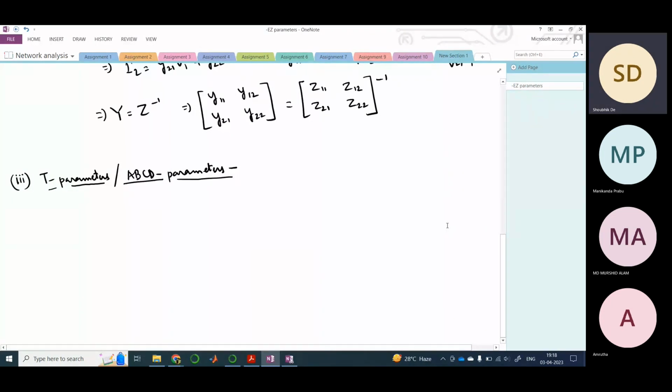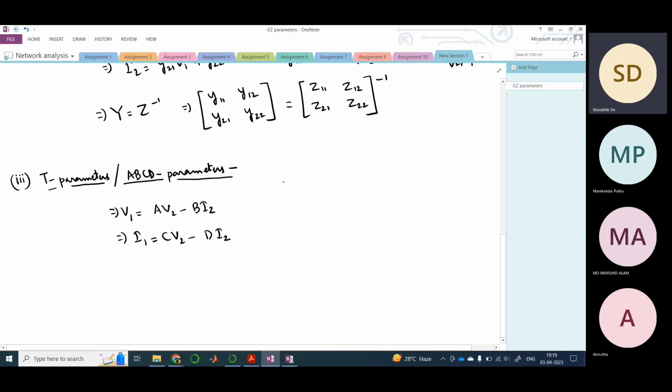So what is the equation here? It is simple. It is V1 equals A V2 minus B I2, and I1 is C V2 minus D I2.